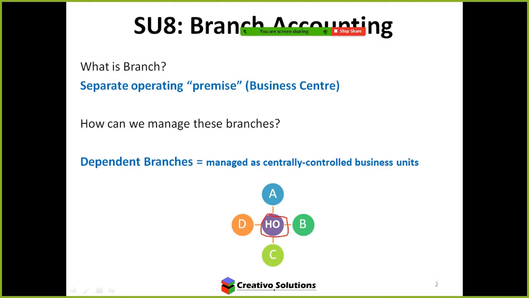Remember it's one business, but it's separated into these business units or business centers, and that's what you need to focus on. When you're looking at the accounting, each branch is provided for separately, but from a head office perspective. The head office is still going to manage each branch and account for all the income, expenses, capital, drawings, all the accounting elements.